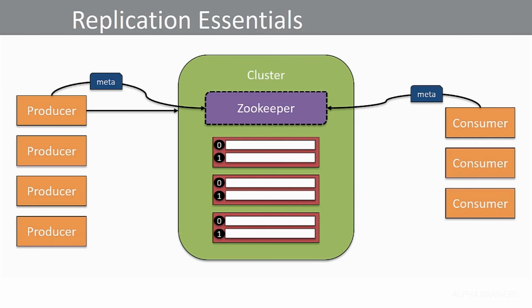But let's say we have a situation where we've created a topic that has a replication factor of 3. What that means is we're going to have a primary partition and then 2 backup partitions as well. Data will be redundant across 3 different partitions. So when the message gets sent to the cluster, a primary partition will store the information, and then there'll be 2 other partitions that have backup copies of that data.